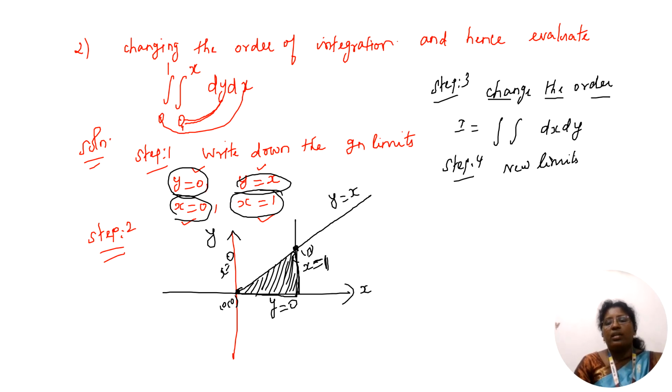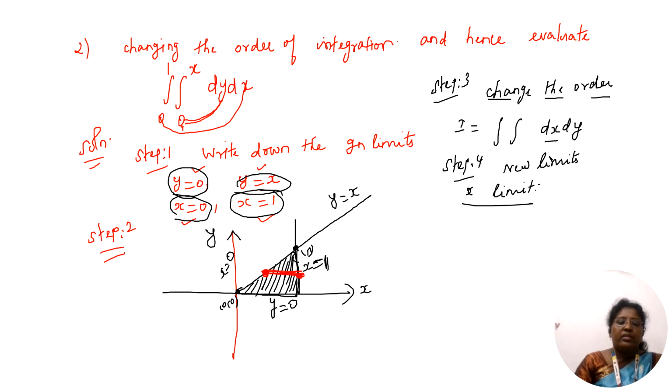Here the inner integral is with respect to x, so we'll find the x limit first. To find the x limit, draw a horizontal strip in the given region. The left end will give the lower limit, the right end will give the upper limit.